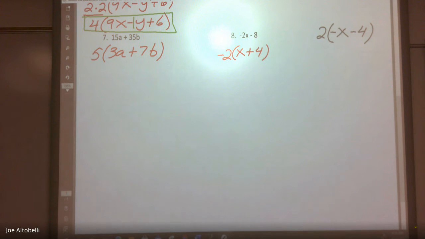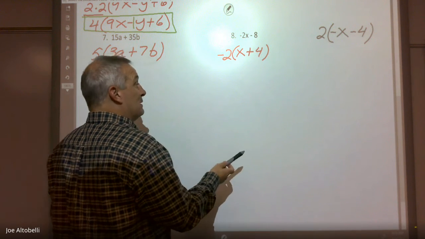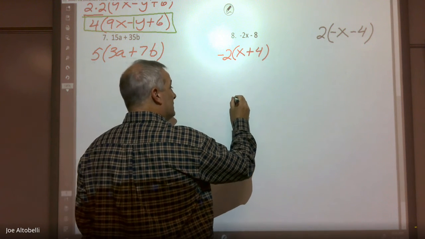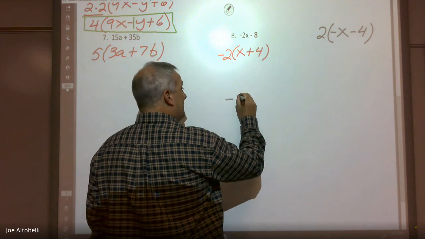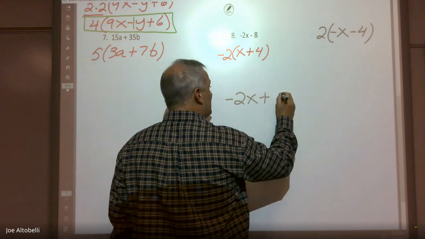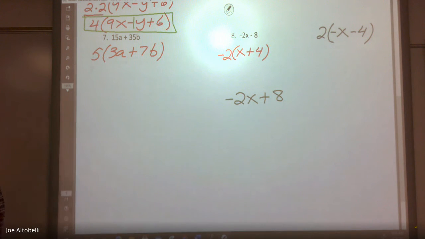Okay. So that brings me to a problem. I don't have it on here, but what if it was negative 2x plus 8? I would still suggest to take out the negative 2.